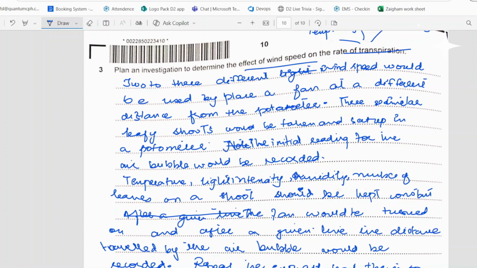We have to use those terms while giving a method. You have to tell in the method what apparatus you're using. We are using a potometer, that we have mentioned. We are using a fan, that we have mentioned. We have mentioned all the apparatus, but we don't give a separate heading saying this apparatus is going to be used. Okay, so this is all for this paper. Let's move to the next one.